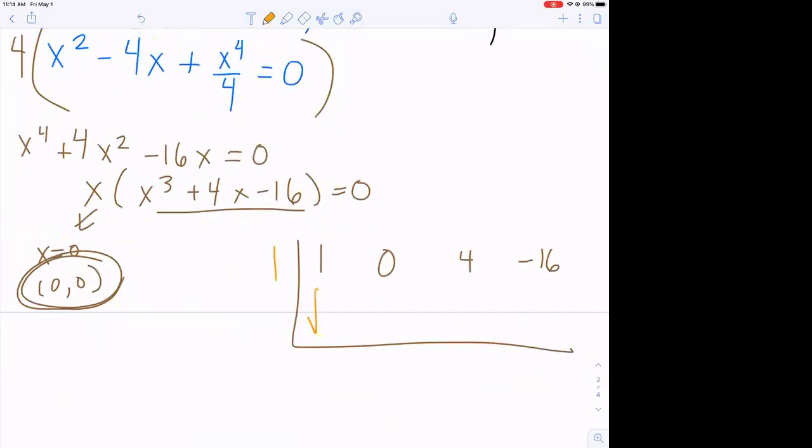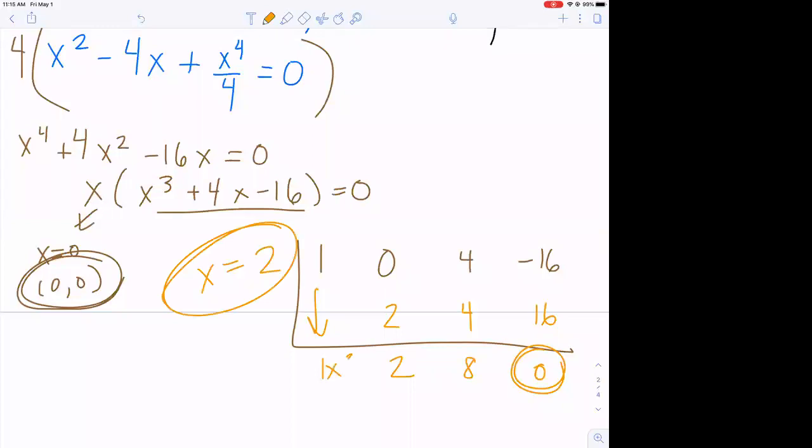So 1, 1, 1, 1, 5, 5. Well, that's not it. If it's not 2, then I'm thinking that this thing maybe doesn't have nice solutions that we could solve for. 2 times 2 is 4, 8. There we go. So 2 is another answer.